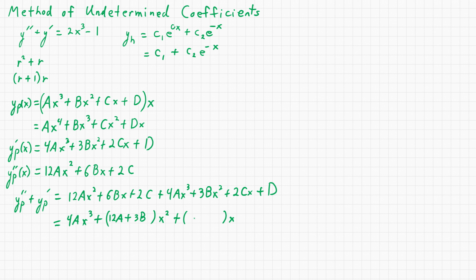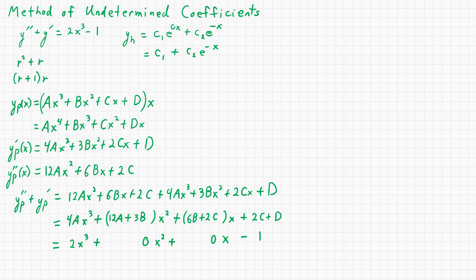Well, there's a 6bx and then there's 2cx. And then lastly is the constant terms. I've got a 2c plus d. And now I'm going to get that to equal, going back to the right-hand side here, 2x cubed plus 0x squareds plus 0x's and then minus 1. That's all the terms I have to match.